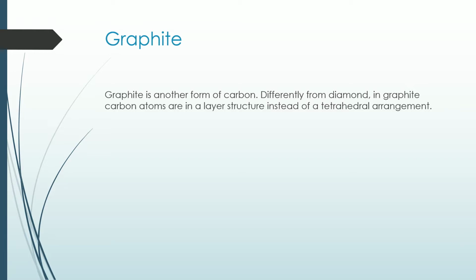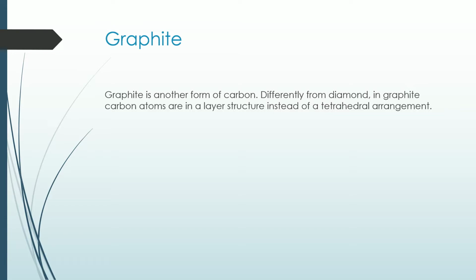Graphite is another form of carbon. Differently from diamond, in graphite the carbon atoms are in a layer structure instead of a tetrahedral arrangement. You remember the 3D structure of diamond. Here, instead of that 3D crystal structure, you have layers laid on top of each other. The structure of graphite is really similar to a deck of playing cards.